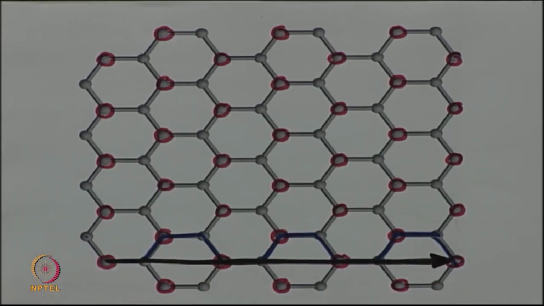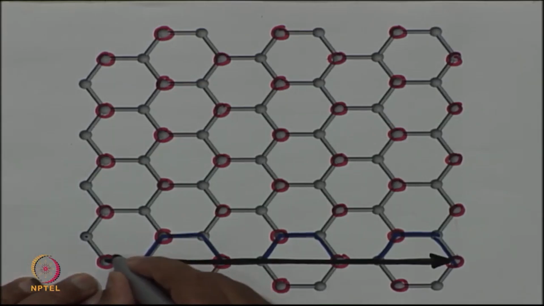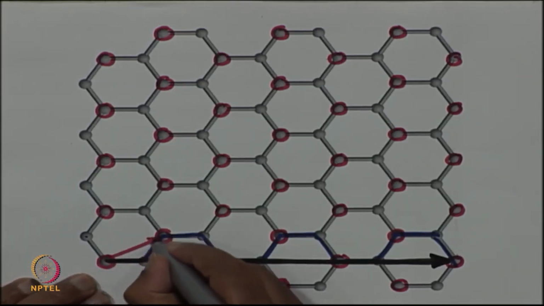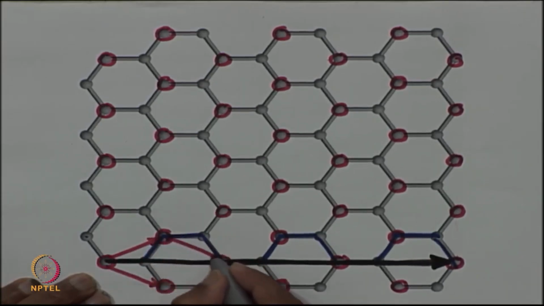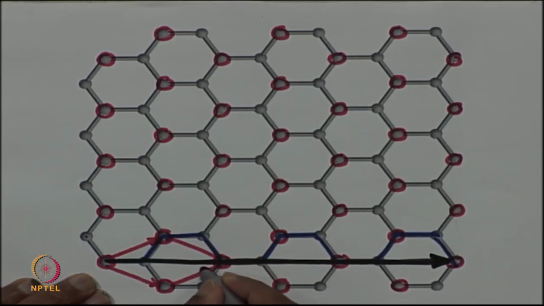And if I take my basis vectors again, two vectors at 60 degrees, this time I have changed the orientation, but that is allowed, you can take them in any orientation.